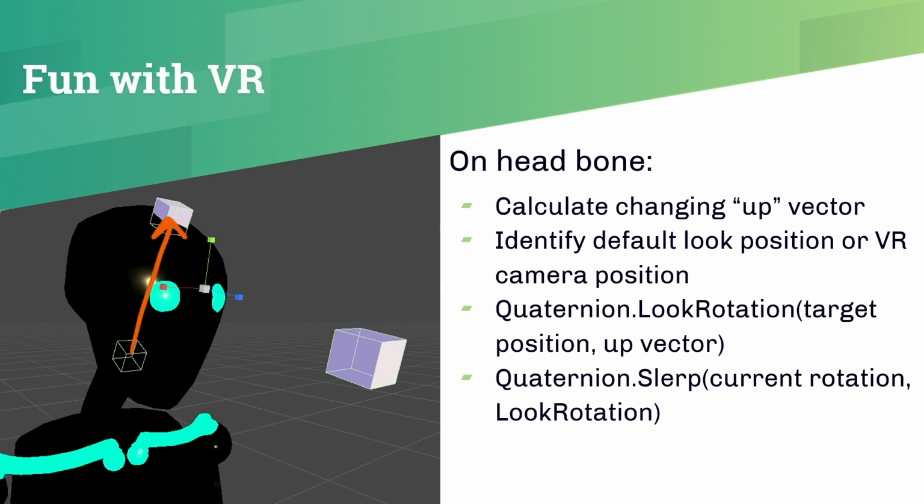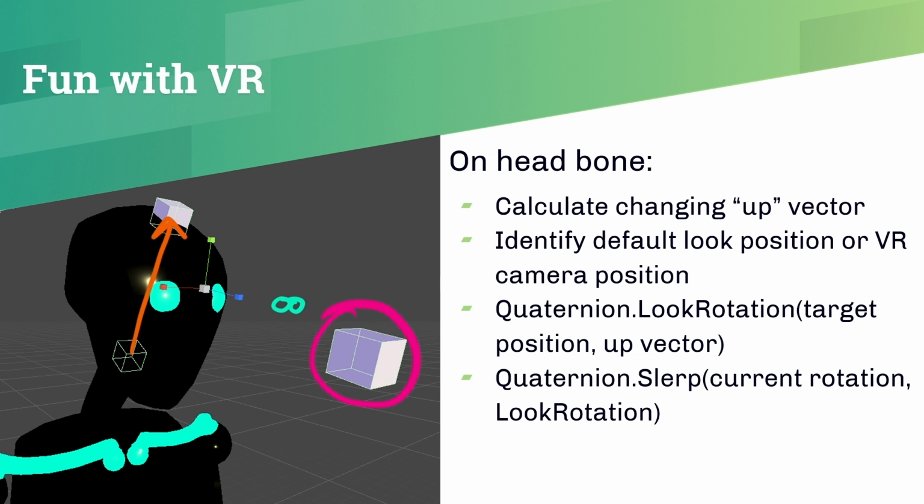And then Unity has a cool function called LookRotation, where you give it the up vector, you give it the target position, and it calculates how you need to rotate to look at an object in front of you, or those are VR goggles or a player in the background.